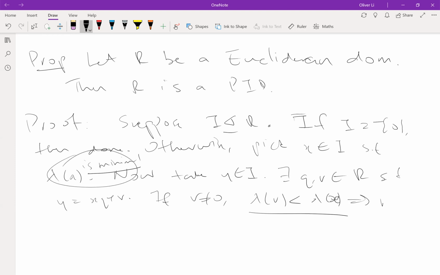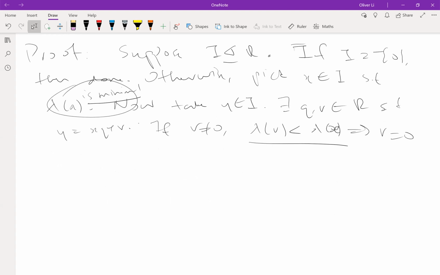Therefore we must have r equal to 0, and then we're done because we've shown that y is a member of the ideal generated by x, and obviously this ideal is a subset of I by assumption.